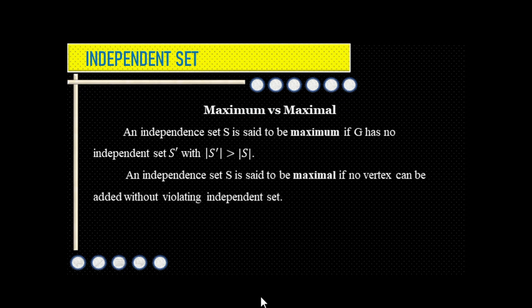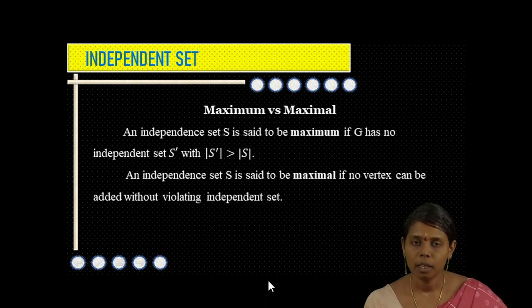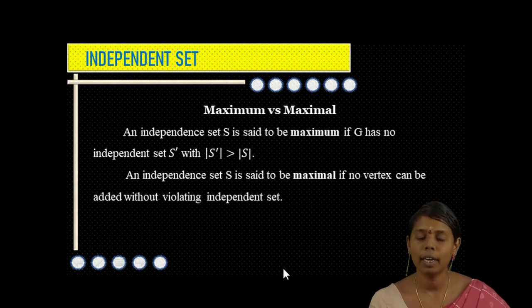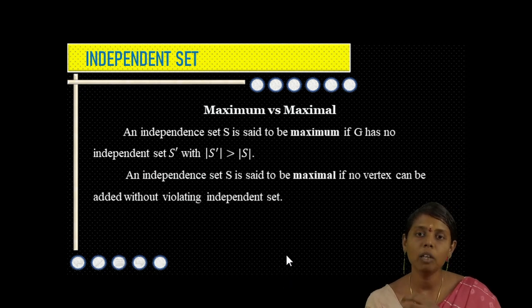Next, the often confusing terms are maximum and maximal. So in graph theory, we have 2 terms, maximum independent set and maximal independent set. We must be sure about the definitions of these 2. Maximum represents the maximum among all.